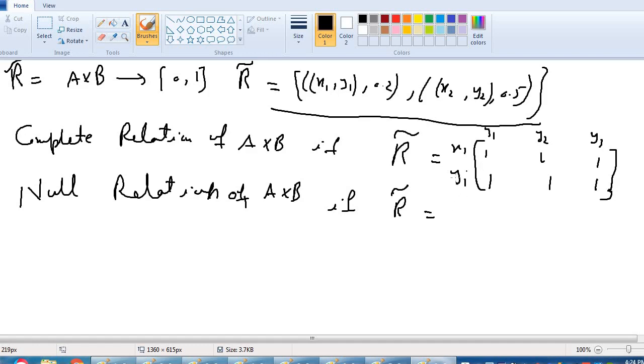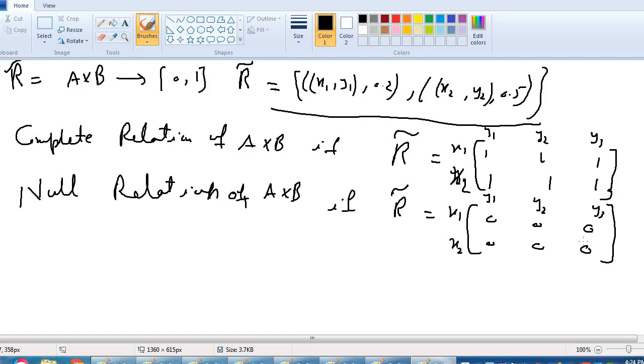If we have here x1 x2, then it will be 0, with y1 y2 y3 on the other side. We get 0 0 0 and 0 0 0. If all the membership values are 0, then we say that it is a null relation. Okay, these are the two relations.